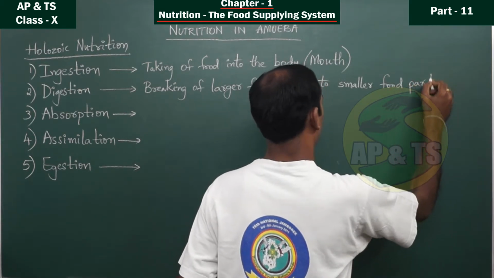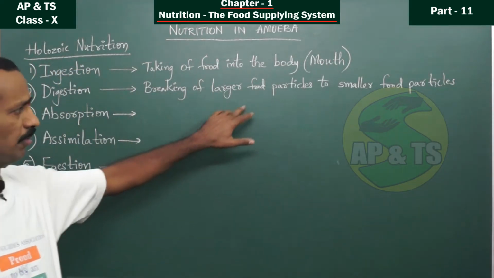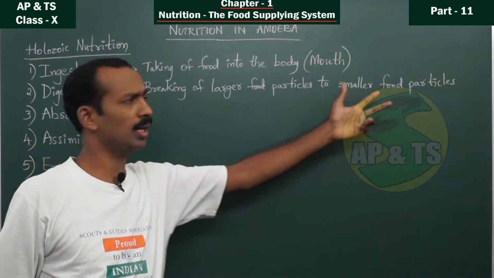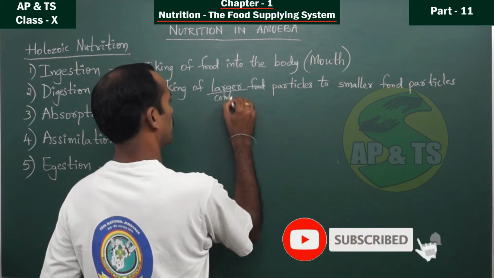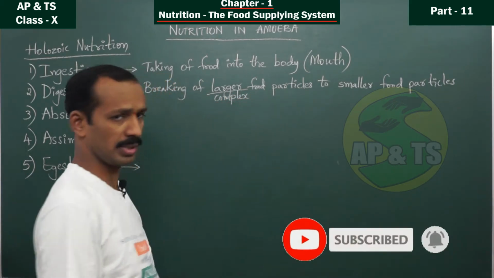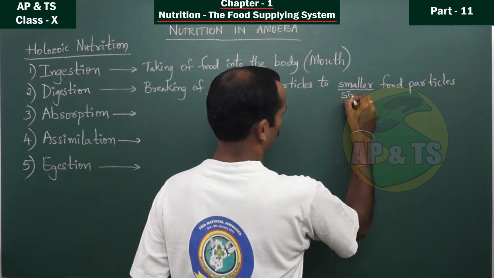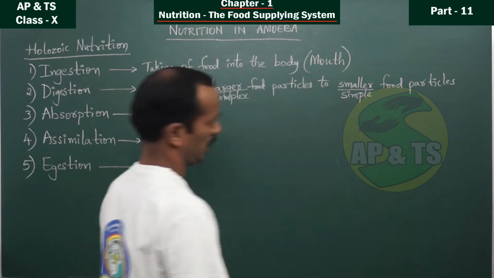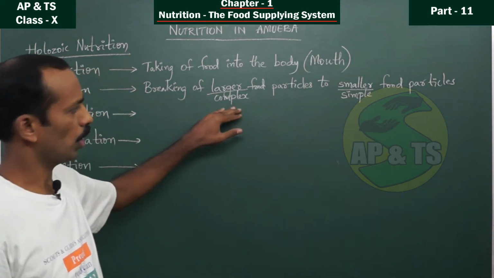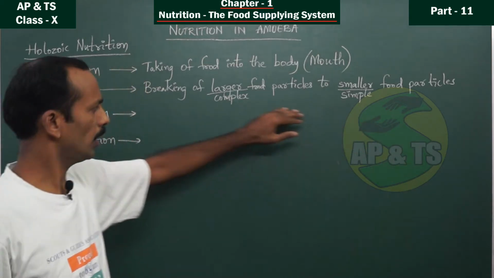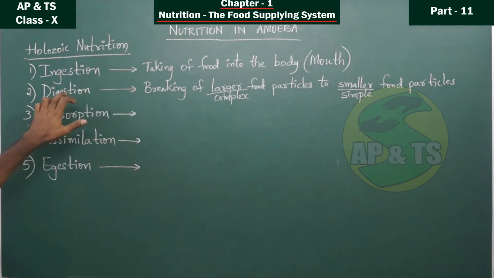Okay, breaking of larger food particles to smaller food particles, or you can use larger in the sense complex food particles into smaller food particles. Here smaller in the sense simple food particles. Okay, breaking of larger substances into simple substances, I mean complex substances to simple substances, or larger food particles converting into smaller food particles is called as digestion.